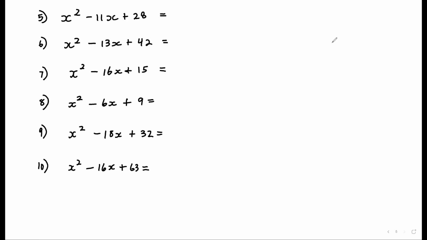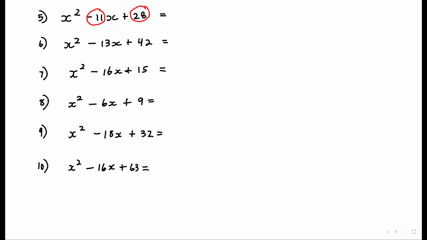Okay. All right. So we have x squared minus 11x plus 28. So the first thing is we need to identify B and C. Now, B in this case is negative 11, and C is positive 28, right?